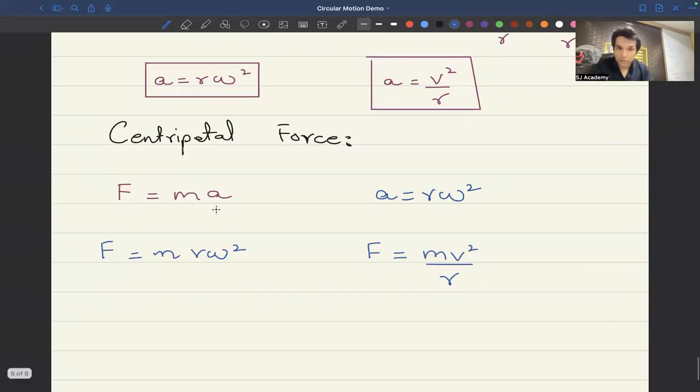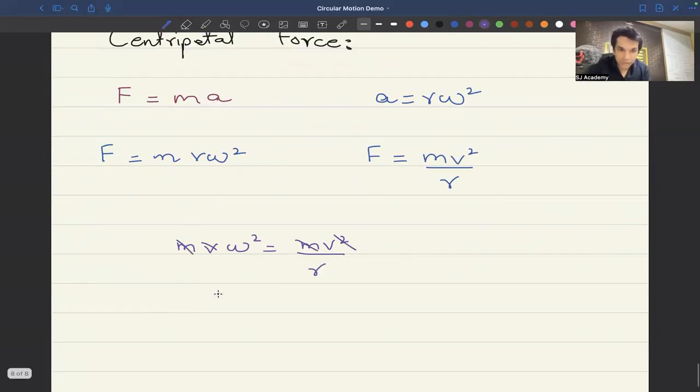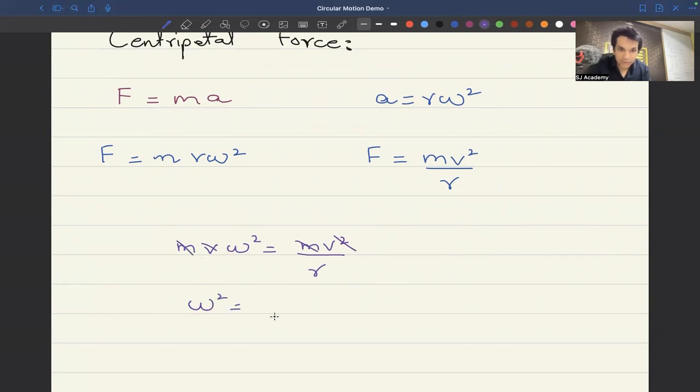So these are two different ways in which we can write centripetal force. However, what we can also do is, because both of them represent force, if we equate both of these equations, mv square upon r, so v and v will cancel, m and m will cancel, and what we'll get is omega square is equal to v upon r. Oh, this is r, so I made a small mistake over here. I have to correct this.